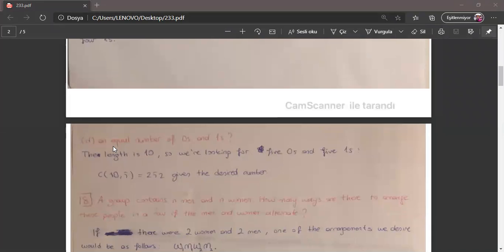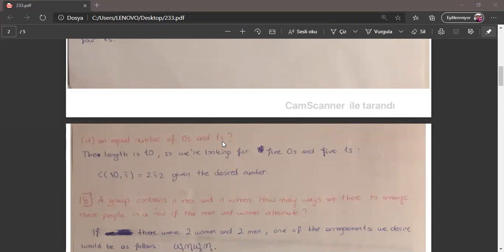Now we want to compute the bit strings of length 10 that contain an equal number of zeros and ones. So how do we compute it? We have 10 digits, right? If we want them to be equal numbers, there should be 5 zeros and 5 ones.